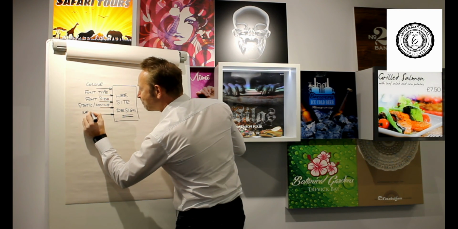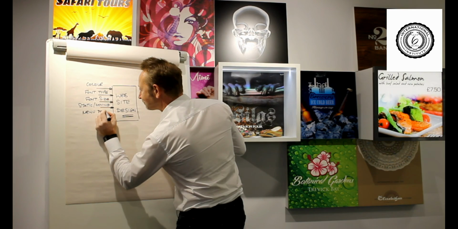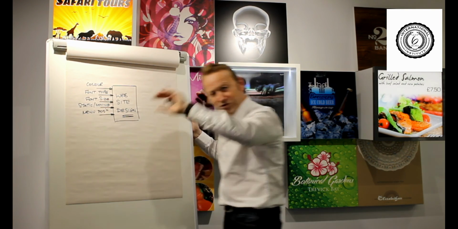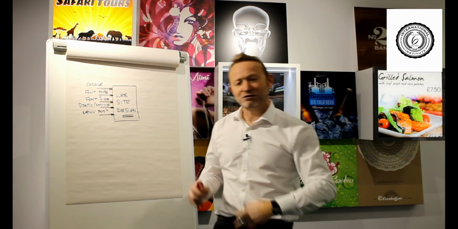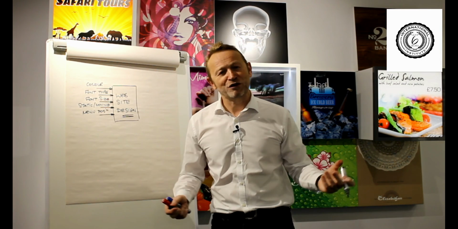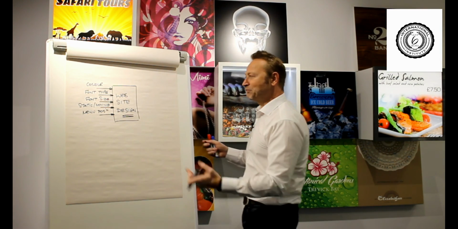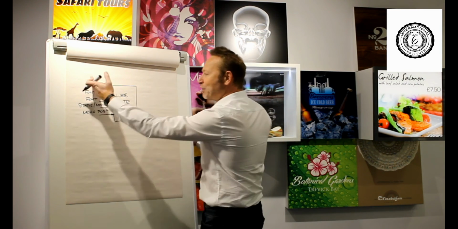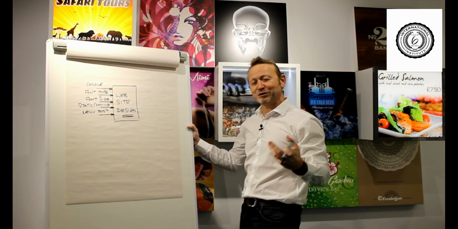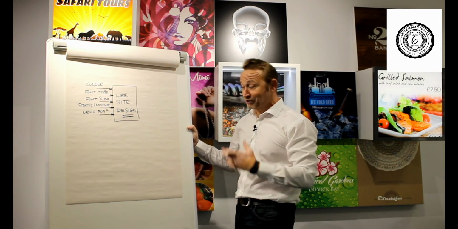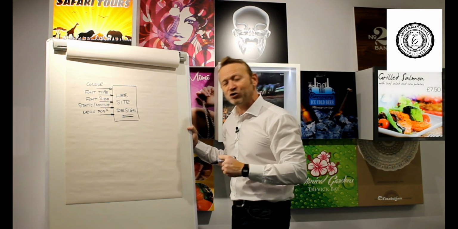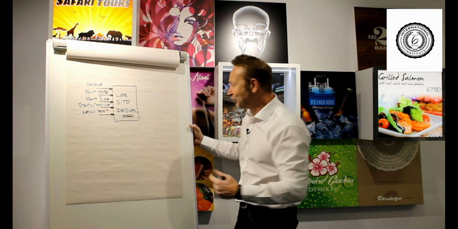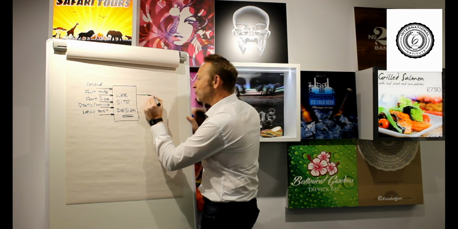So maybe the menu position. Do you put it at the top? Do you put it down the side? Do you make it appear when people hover over the top? All sorts of different choices. Now I've just identified 5 variables there. I am not a website designer, so I'm just trying to think of things that you might put into your website design. What would you be interested in?